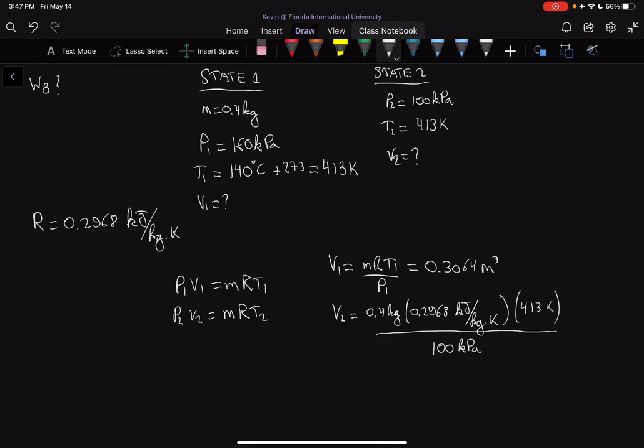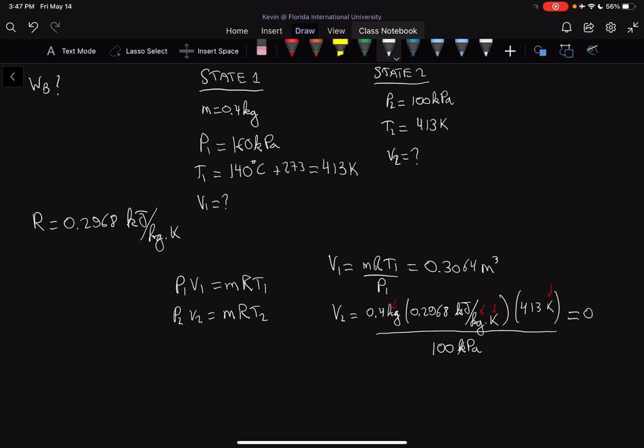So we can see that the kilograms cancel out. The kilogram here and the kilogram here cancel out. The Kelvin cancels out. And then we have kilojoules divided by kilopascal. And essentially the kilo cancels, and we're left with cubic meters.